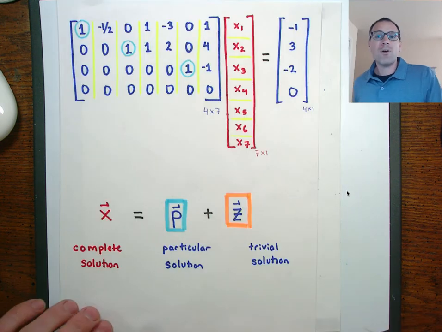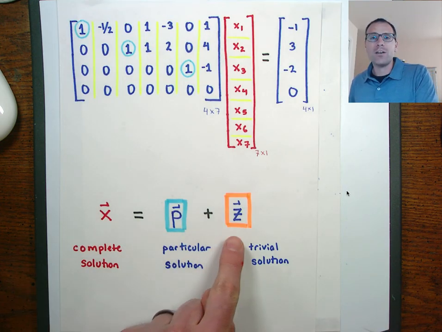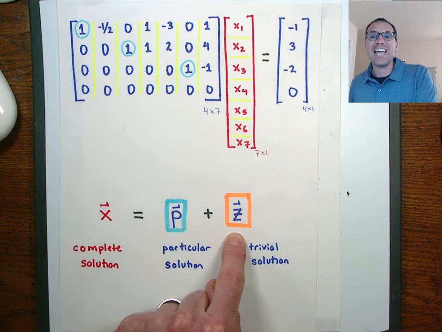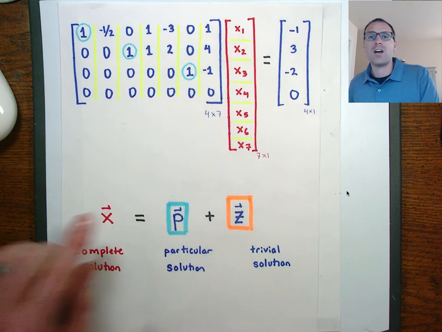Remember, the whole goal of all this work, we have found the particular solution and we're looking to find trivial solutions. We're making a claim that any trivial solution is going to be written as a linear combination of the special trivial solutions, the unique ones associated with the non-pivot columns of my matrix.